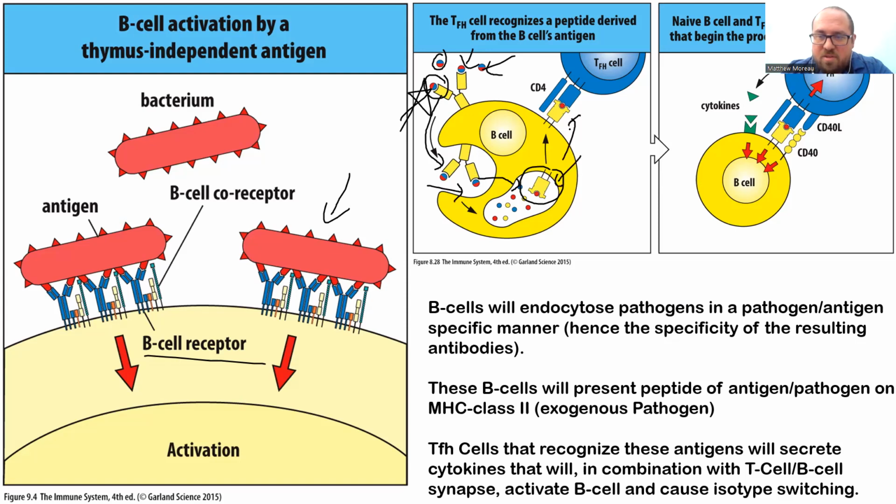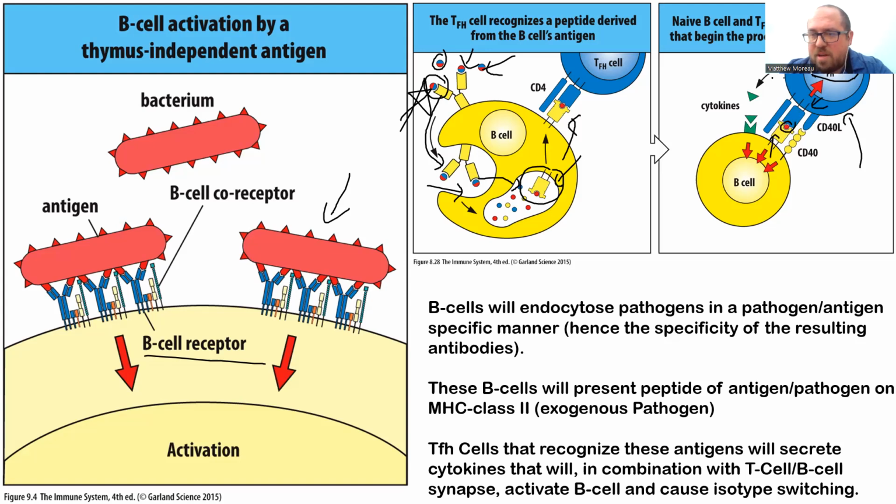These are then brought to the surface, and then T cells, a very specialized kind of T cell called a T follicular helper cell, because they live in the follicles of the lymph nodes, have a T cell receptor that can recognize this new MHC molecule with its particular epitope.